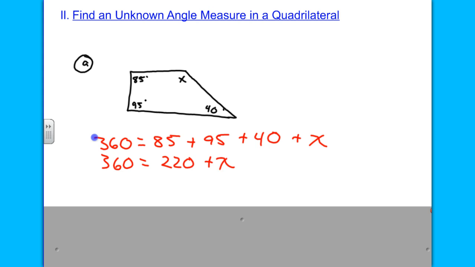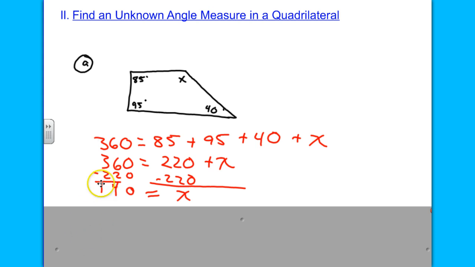Okay? And now, Tyler, how do we get x isolated? Subtract, good. Subtract 220 from both sides. So we get x alone. And x equals, you want to tell us, Tyler, what x equals?